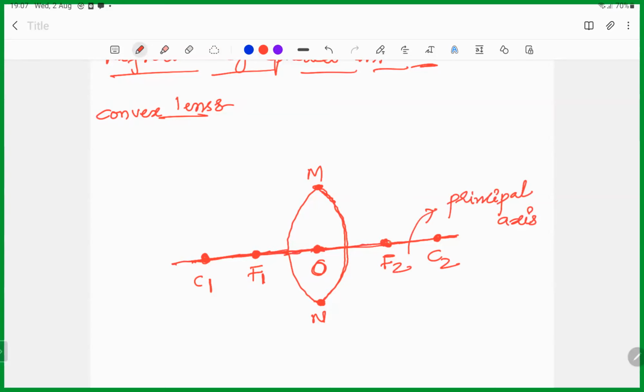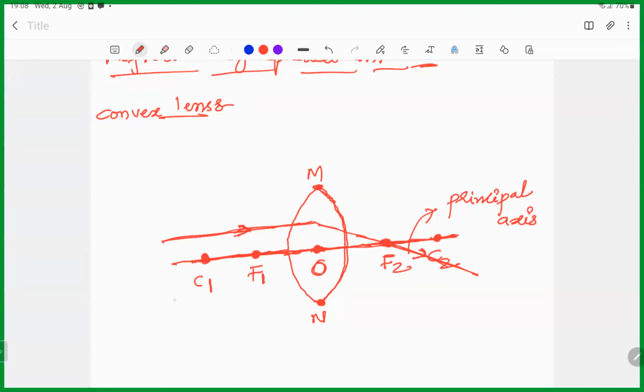It will just pass through the same, because the angle of incidence i equals 0, so sin i equals 0, and then sin r is also 0. If there is one more parallel ray, it will go through the focal point. This is the incident ray and this is the refracted ray.